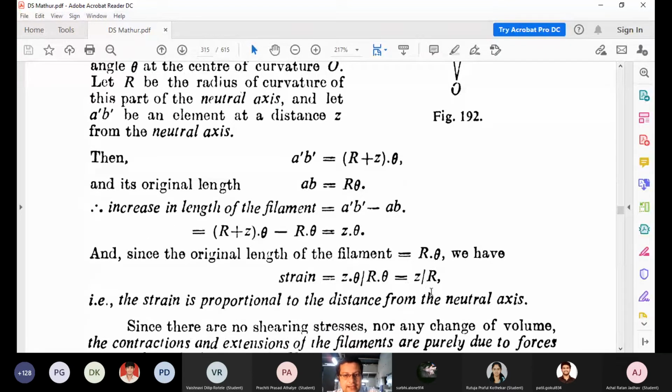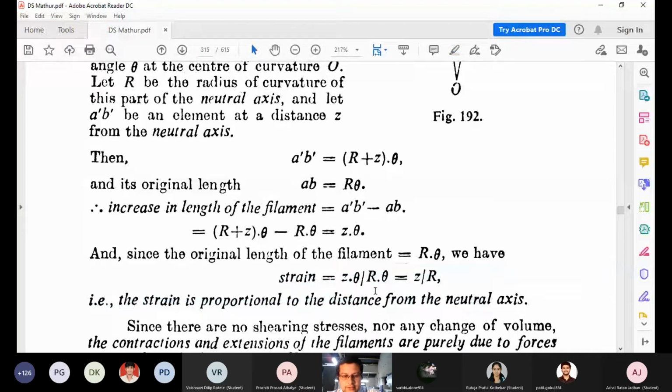So Z by R is the expression for the strain, or from this expression you can say that strain is proportional to the distance from the neutral axis. So you can see that the strain value comes out to be Z by R over here. So you can have this expression with you.